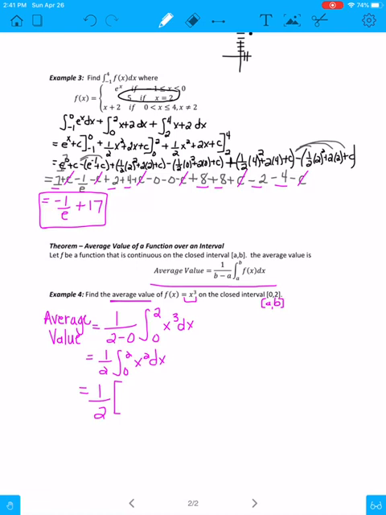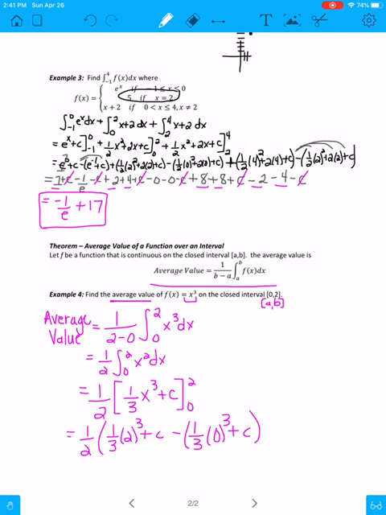Now, the antiderivative of x squared is 1/3 x cubed plus c, from 0 to 2. So we're going to get 1/2 times 1/3 2 cubed plus c minus 1/3 0 cubed plus c.